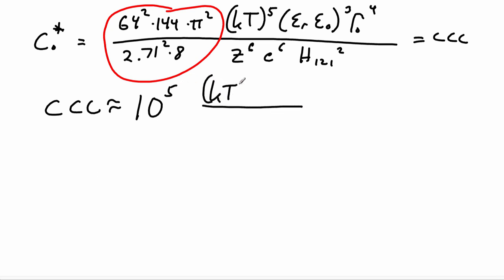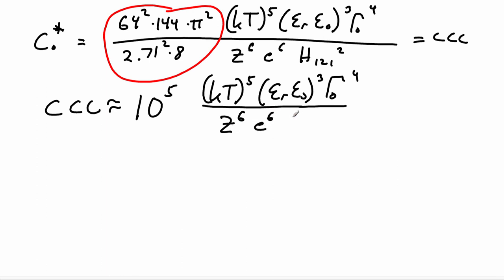So it's strongly dependent on the temperature and the dielectric values. Remember, this term is a function of surface potential, and then inversely proportional to the 6th power of the charge on the ions. And so that is the critical coagulation concentration.